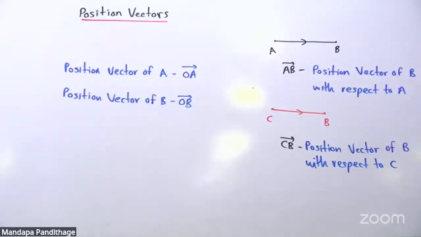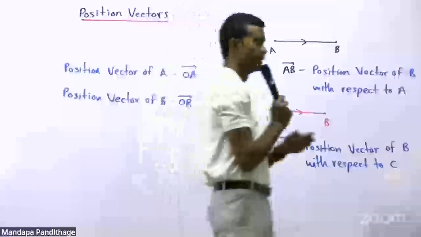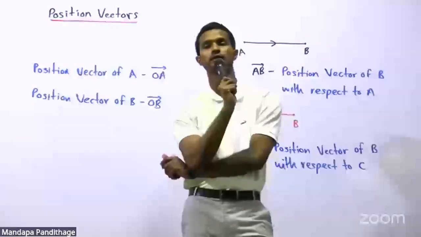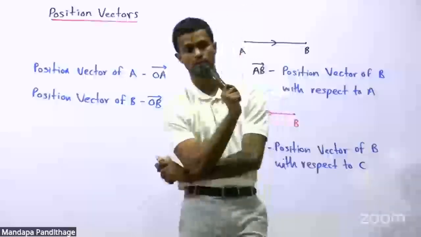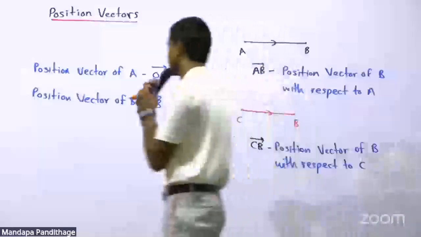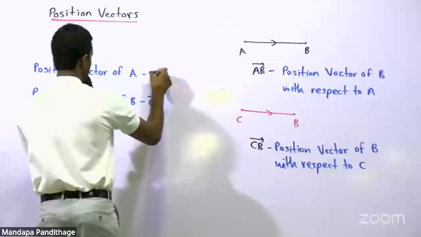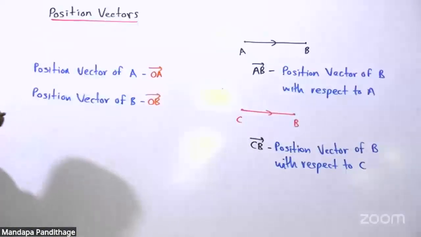If a position vector has been given without mentioning with respect to which point, it should be considered with respect to the origin, within brackets O.